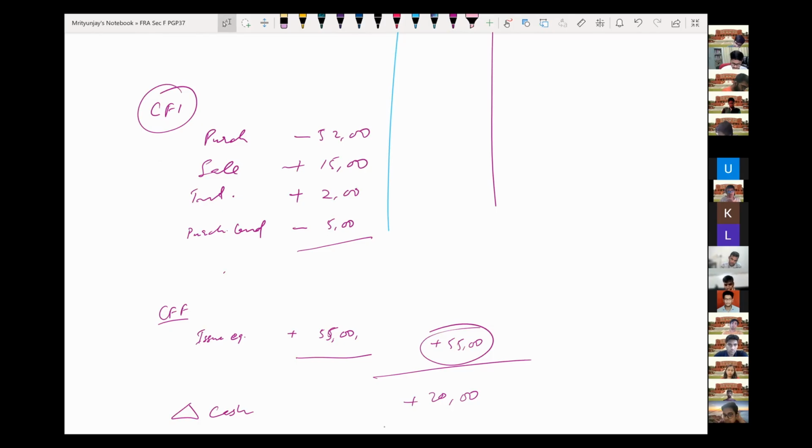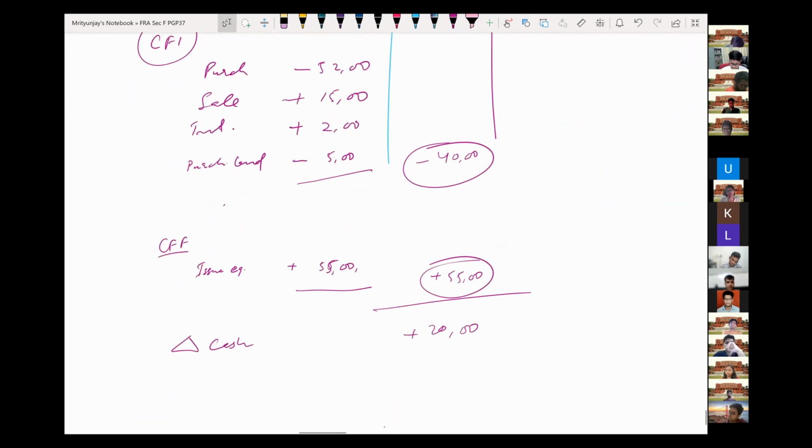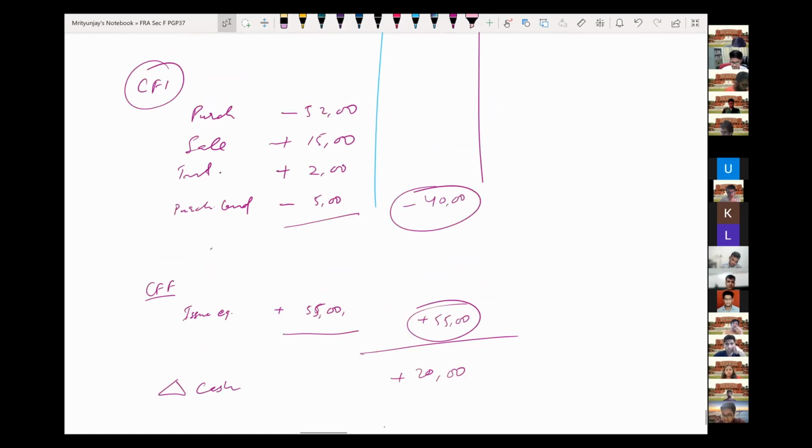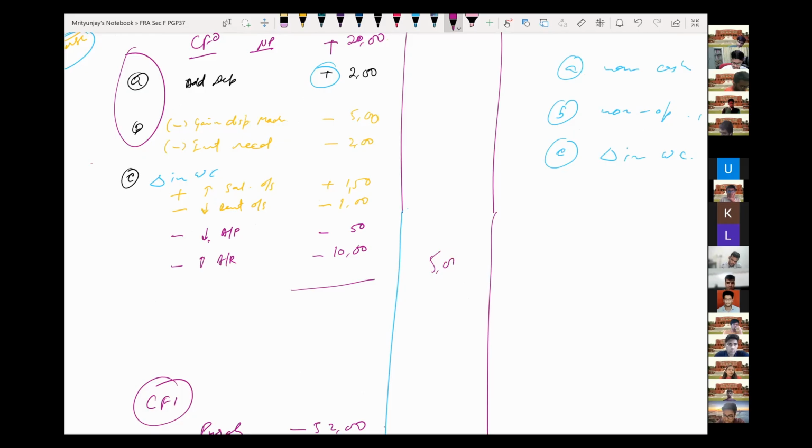Negative 40, sir. Negative 40. Okay. Negative 40. What is the total of CFO? Positive 55, negative 40. So it should be positive 5. Is it positive 5? Check. Is it 5 lakh rupees positive? Is 5 lakh coming?